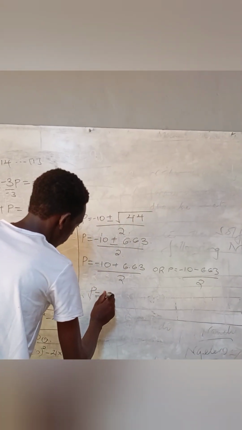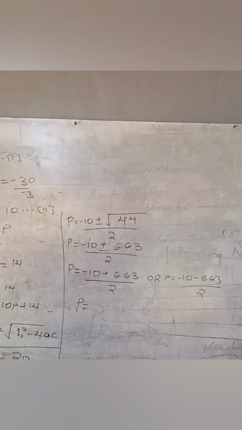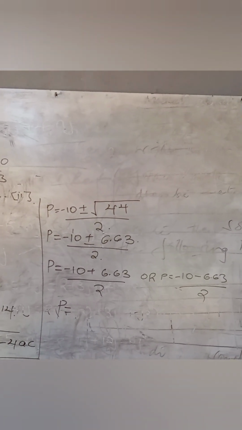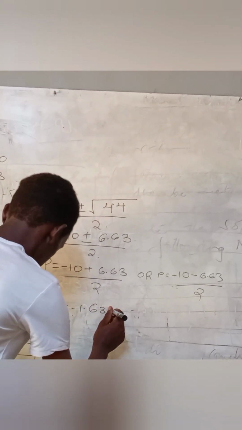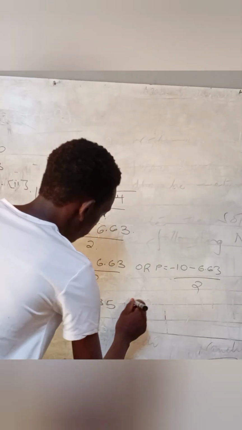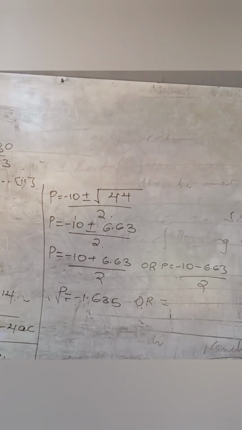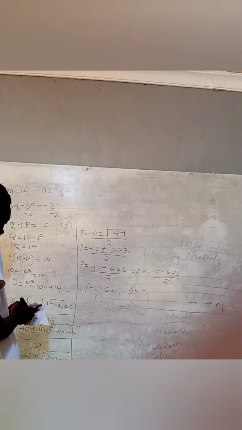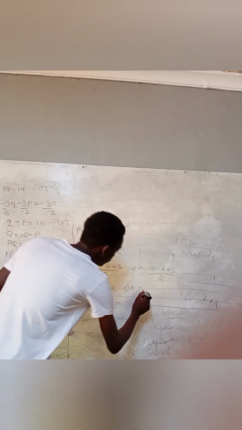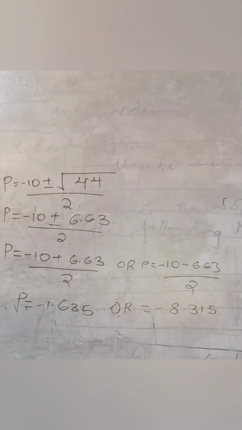So my first value of p is equal to 10 plus 6.63 divided by 2, which gives 8.315, or 10 minus 6.63 divided by 2, which gives 1.685. The question was to determine the value of p correct to 2 decimal places.